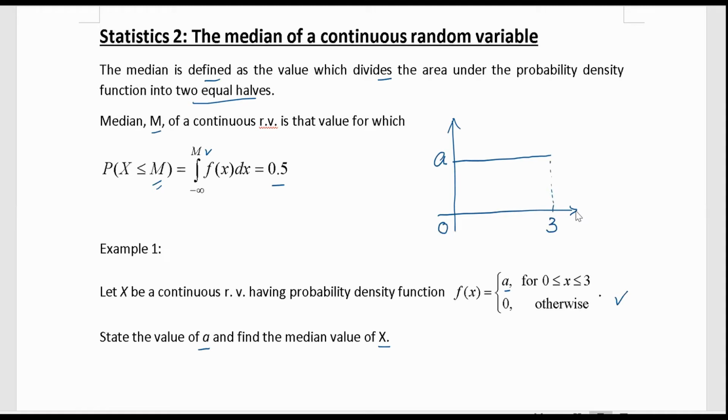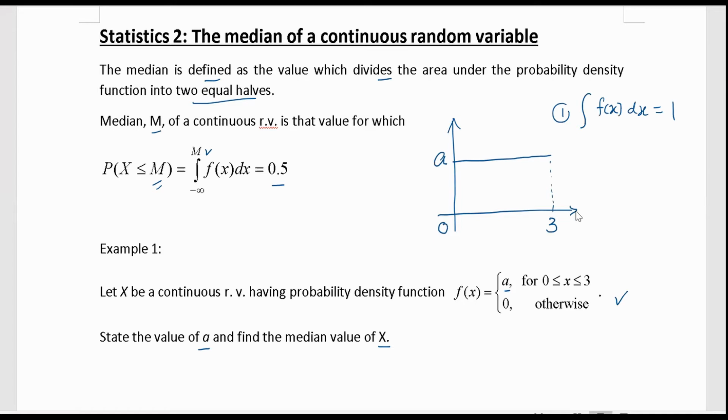So what is the value of A? In my previous video, I explained that for a PDF given, the area under the graph must be equal to 1, because that is the probability, and probability lies between 0 and 1.